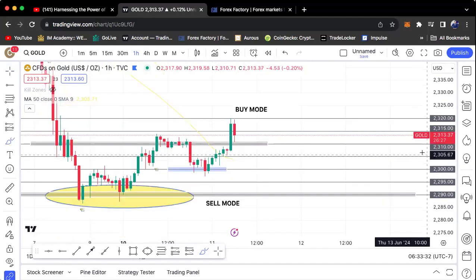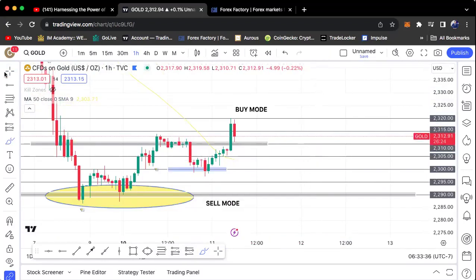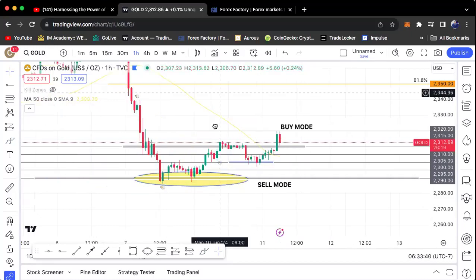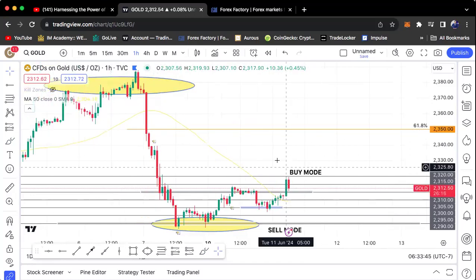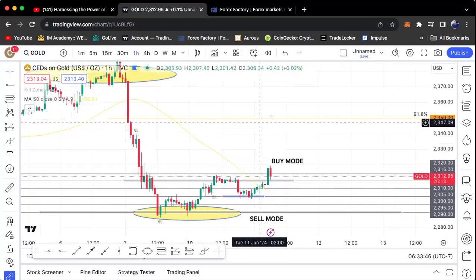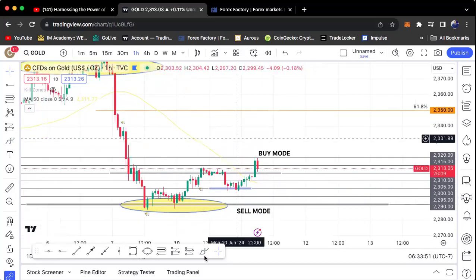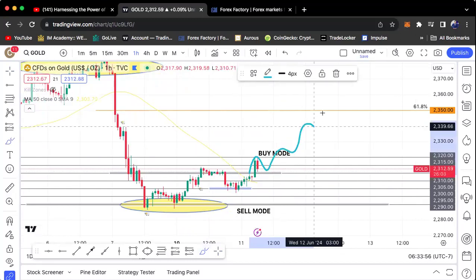And I believe it's going to push up to halfway of this imbalance, which is around 2350. And then it could cause a retracement. So it could do something like this. It can break structure and then it can drop.